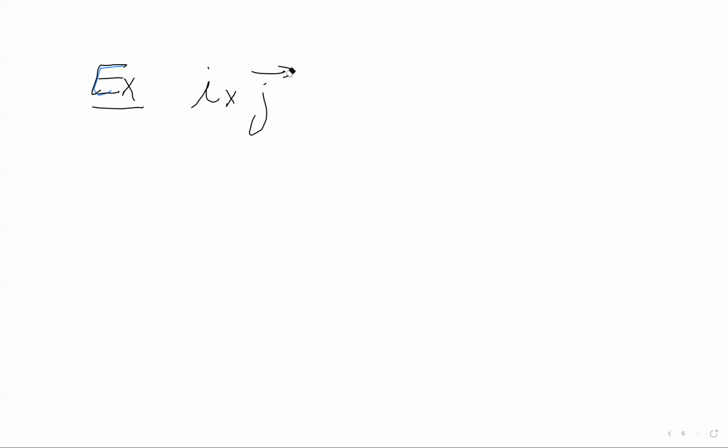If you use that determinant and find i cross j, you can try on your own before you see the answer. You can pause the video. If you try that and simplify, you will get k. Or if you do j cross i, you will get negative k.